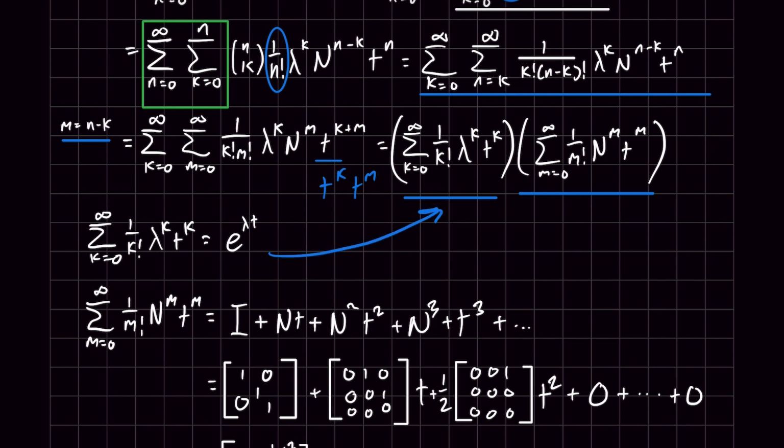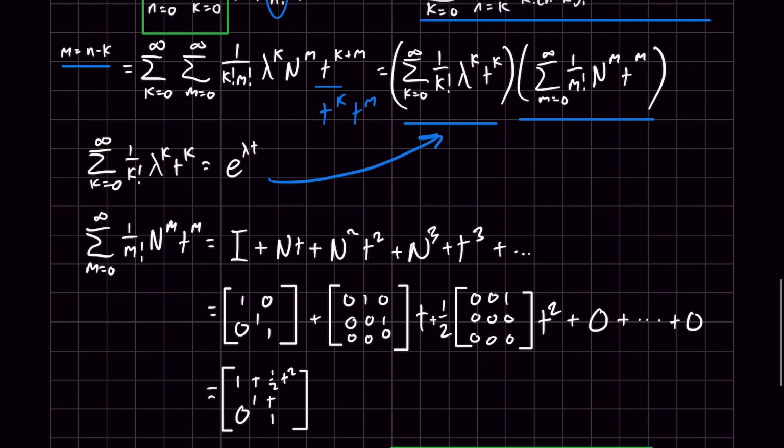And then for the second part, it's a little bit more complicated. So let's write the summation out. We'll get that this is going to be 1 over m factorial times N to the m times t to the m.